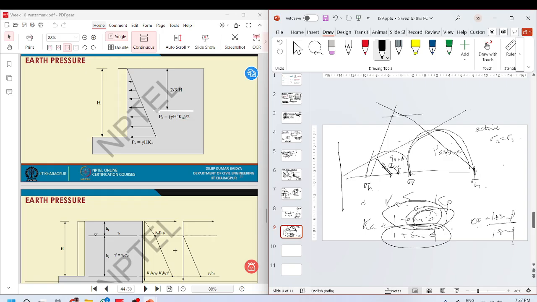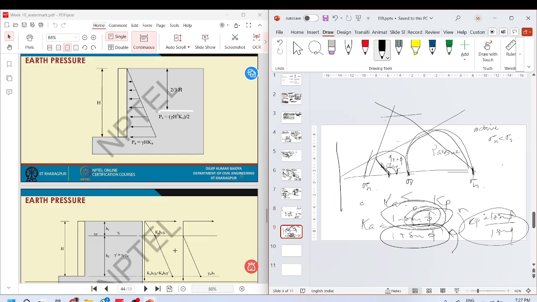And when you calculate the reciprocal, this will always be greater than 1. Like this will always be greater than Ka because you have taken the reciprocal of something that was less than 1. Okay.